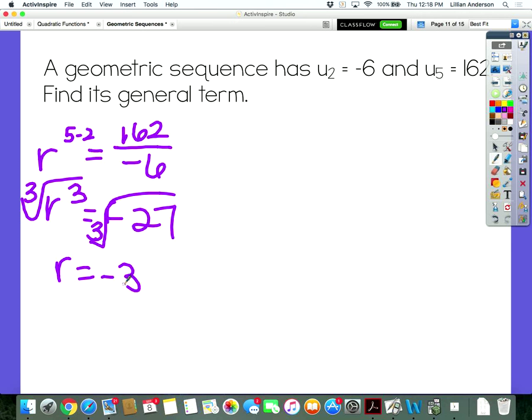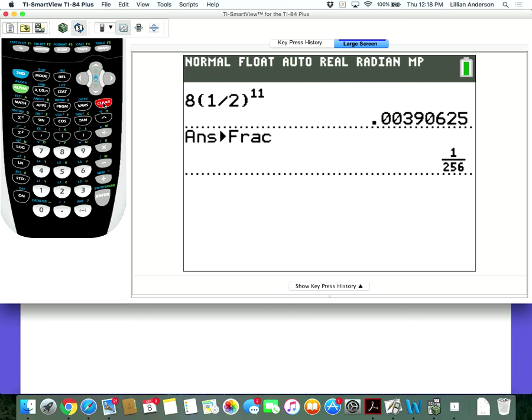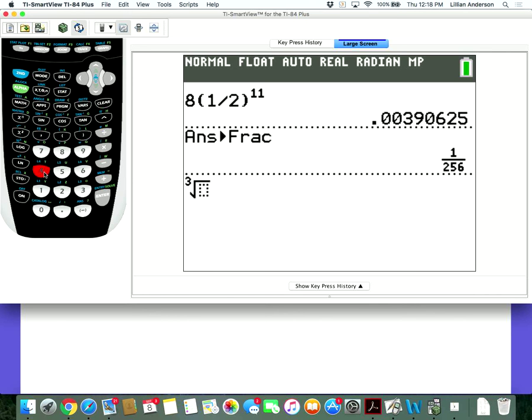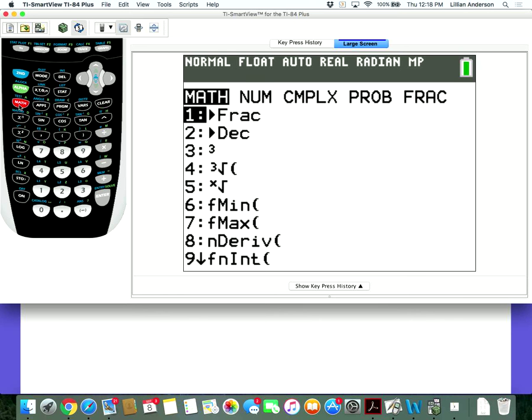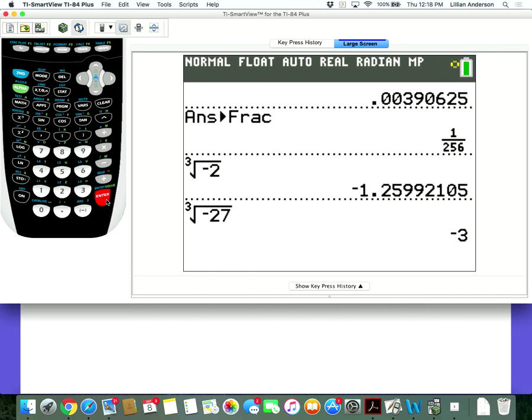You can do this in your calculator. If you go to math, option 4, type in a negative 27. Oops. Wrong thing. You'll get your ratio.